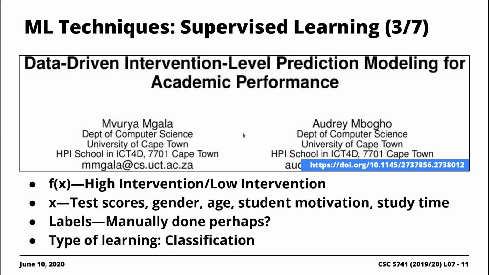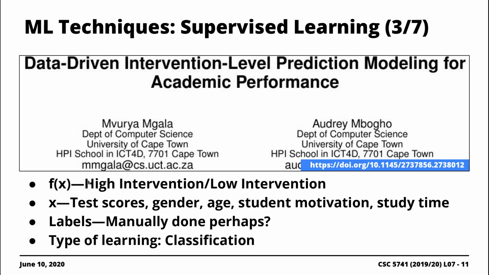This was done in Kenya. I know this person because we used to sit in the same lab, by the way. So in this particular paper, Mgala and Boko were really trying to work towards identifying what sort of intervention students would have to be exposed to.